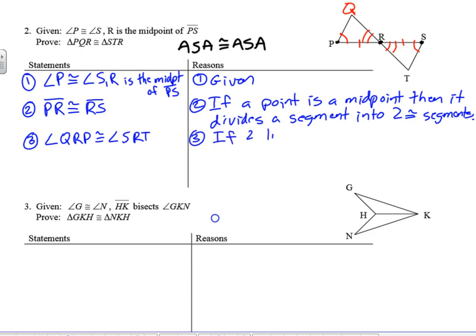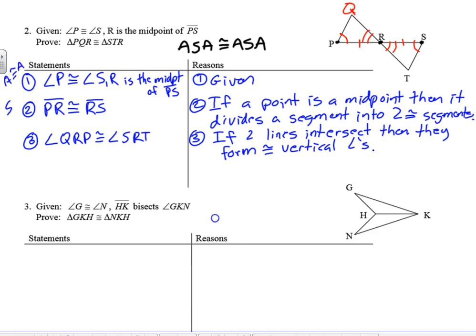If two lines intersect, then they form congruent vertical angles. All right, so have we executed the plan? We've got in step one, an angle congruent to an angle.